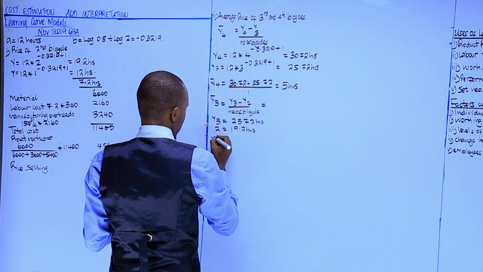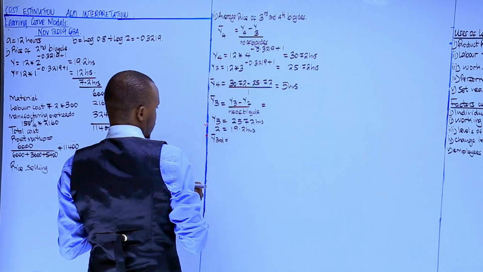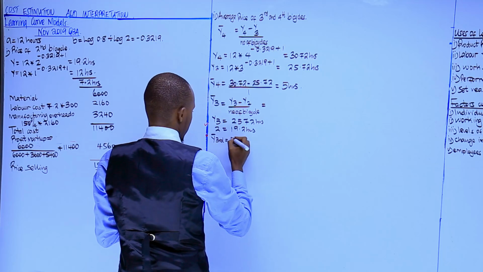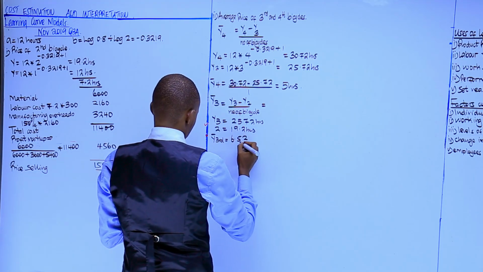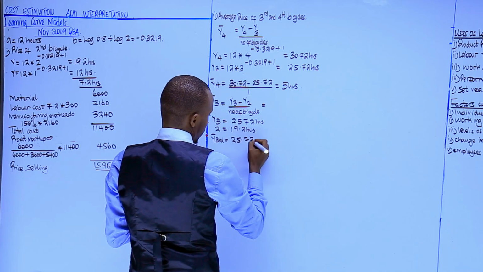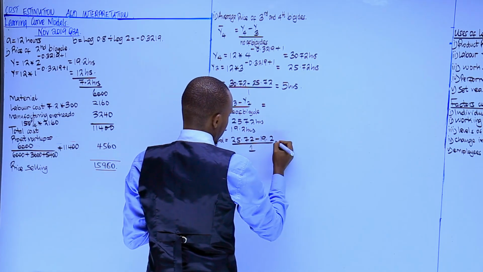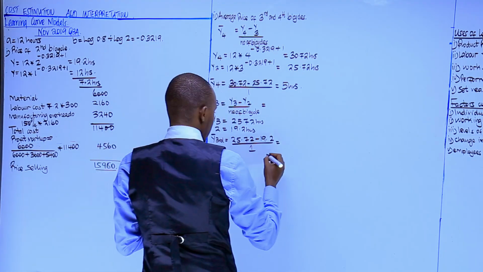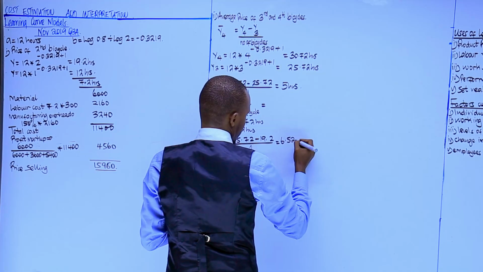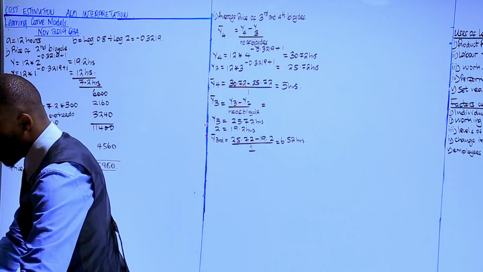Fine. So the average of the third will be 6.52, will be 25.72 minus 19.2 divided by 1 bicycle, which is the third. So that will give you 6.52 what? Hours.